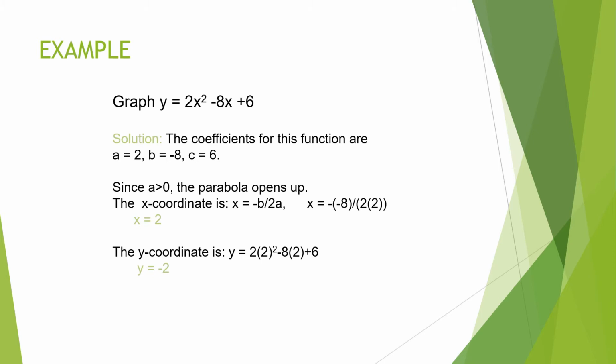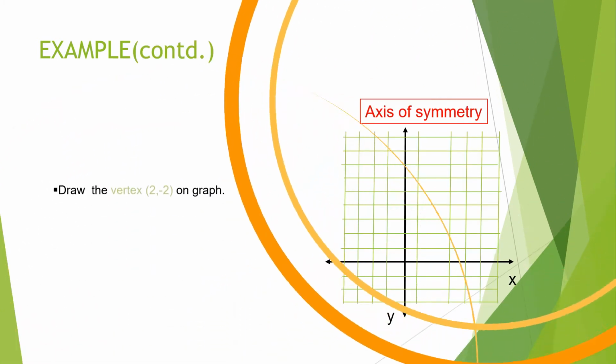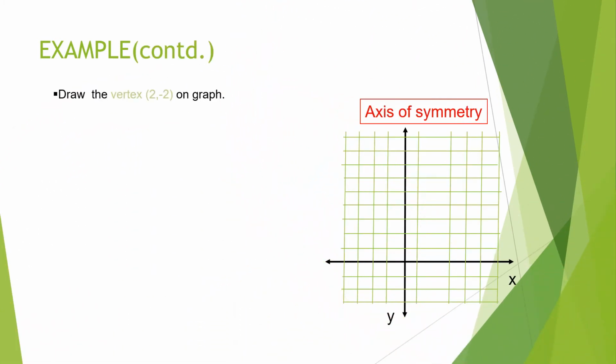So therefore, if x equals 2 and y equals negative 2, then the vertex of the parabola is (2, negative 2). Let us draw the vertex (2, negative 2) on the graph and draw the axis of symmetry x equals negative b over 2a.